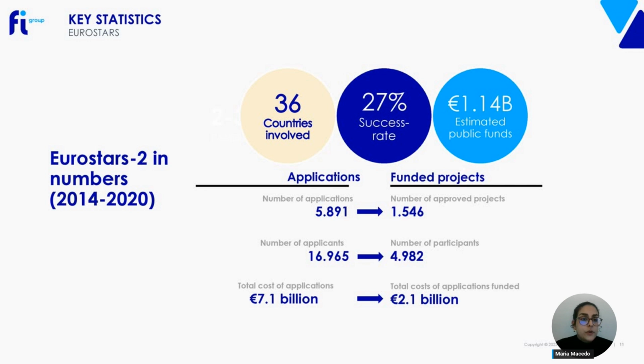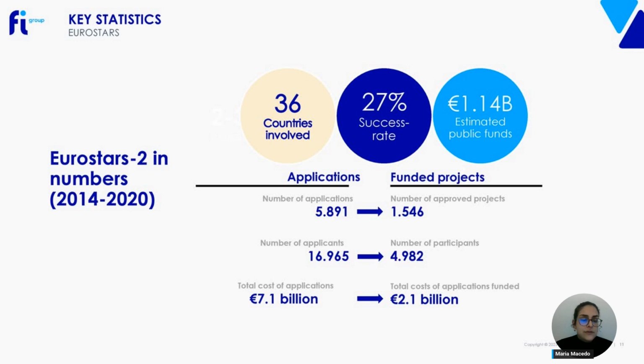As we are approaching the end of this webcast, just highlight here really briefly the success rate of the program, referring to the previous program for 2014 to 2020. The success rate of the program was 27%, which for European funding programs is quite a good success rate.